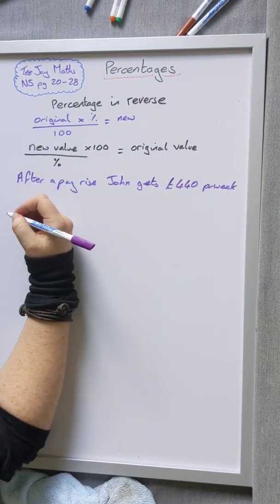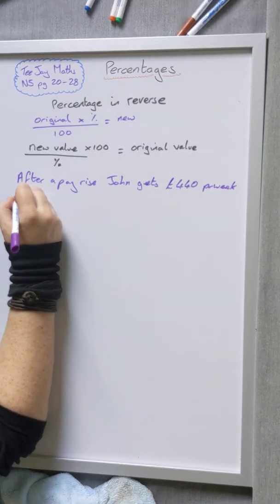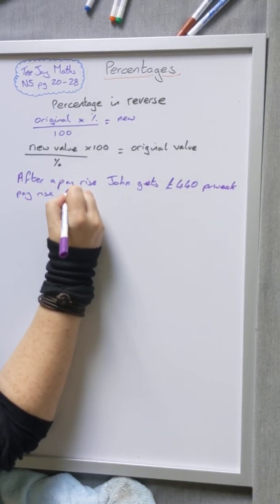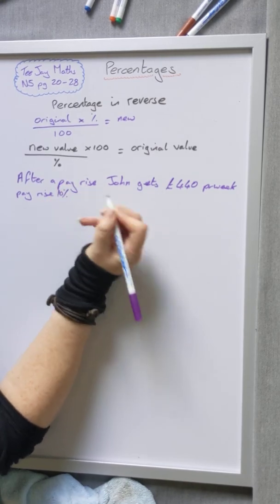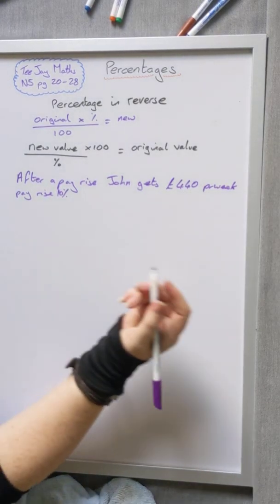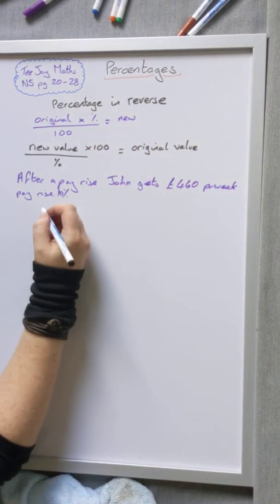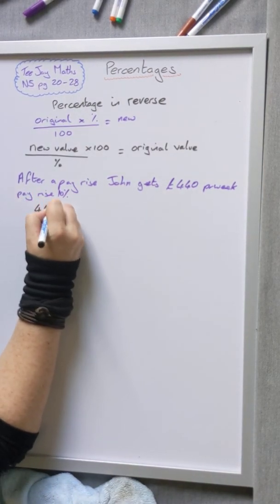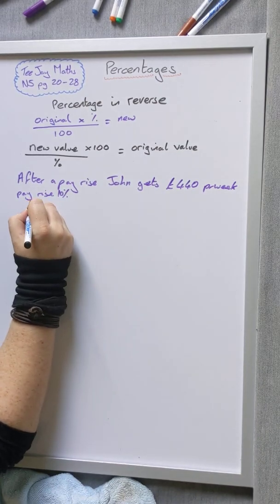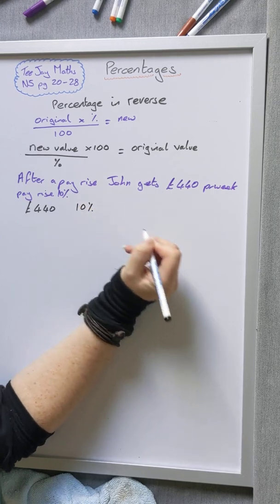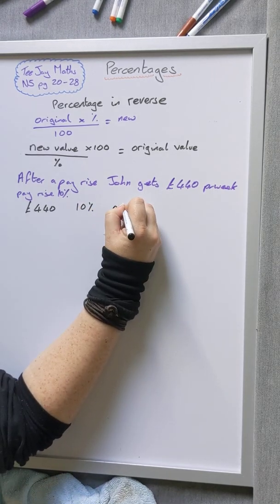And we're told that his pay rise was 10%. And we're asked, what was his old pay? What was he paid before the pay rise? So we know that we've got £440. We've got a 10% pay rise, and we're looking for the original value.